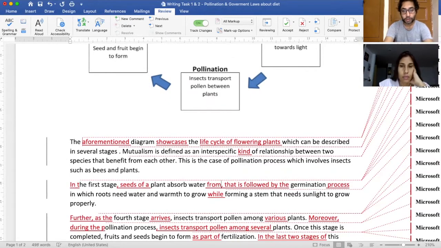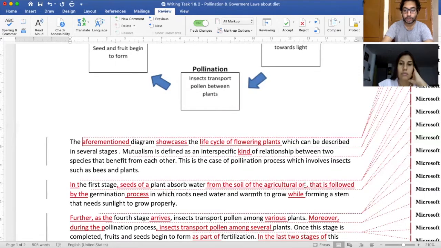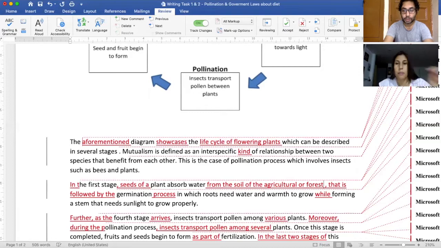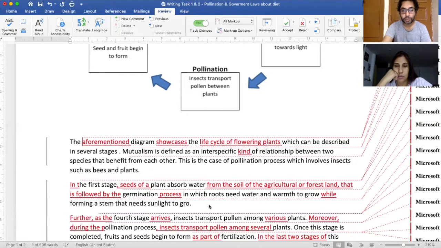Plants absorb water from, what do you say, from agricultural or forest land. If you want to bring the soil, then soil of the agricultural or forest land. So grow we have written so many times. So it is just the stem to become strong. Needs some light to become strong.